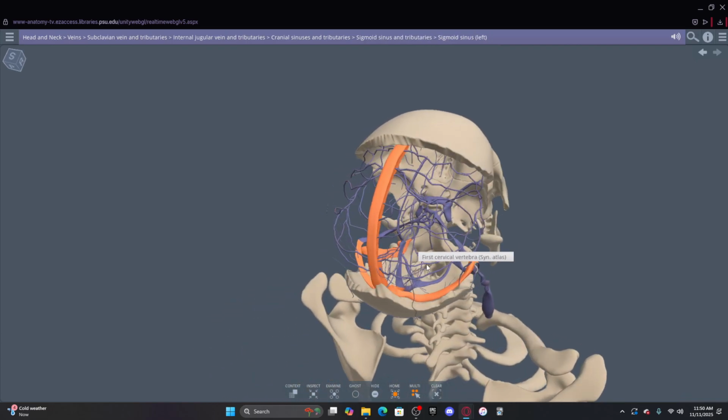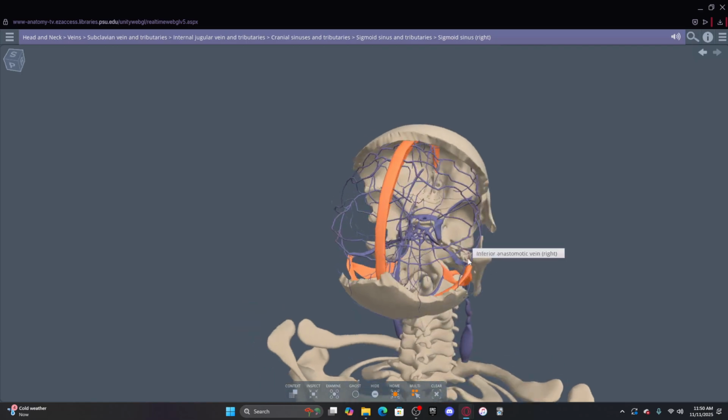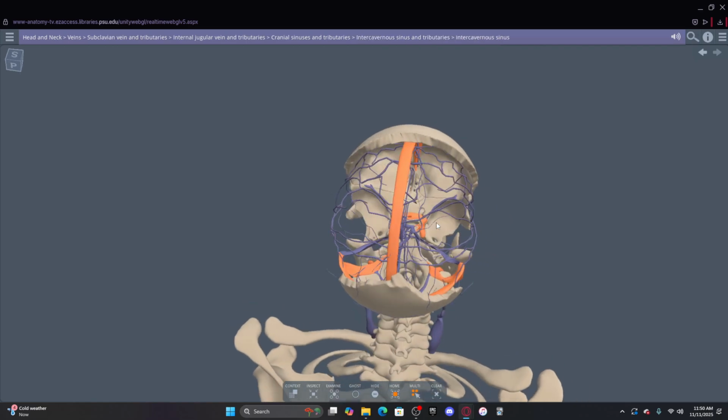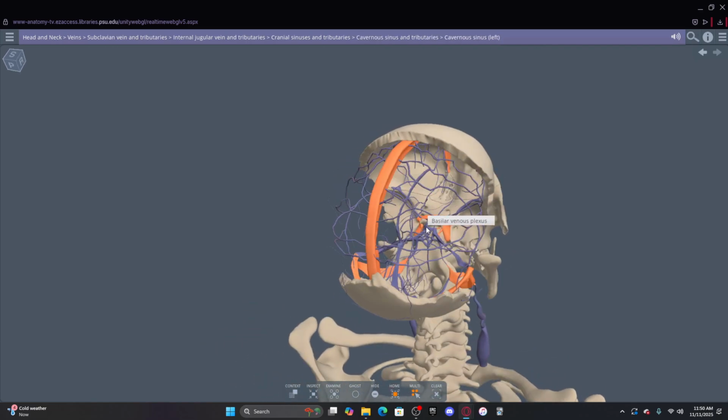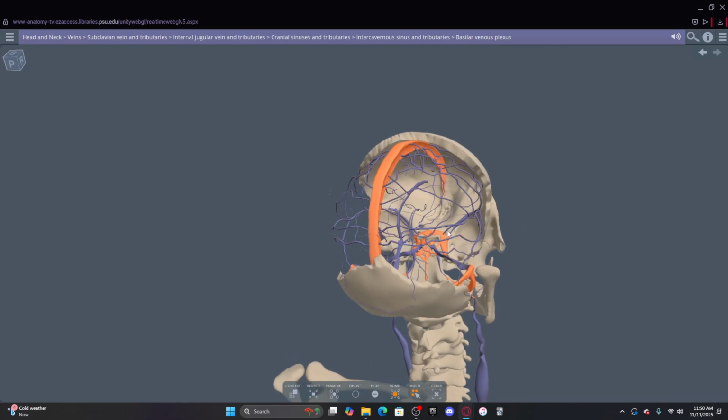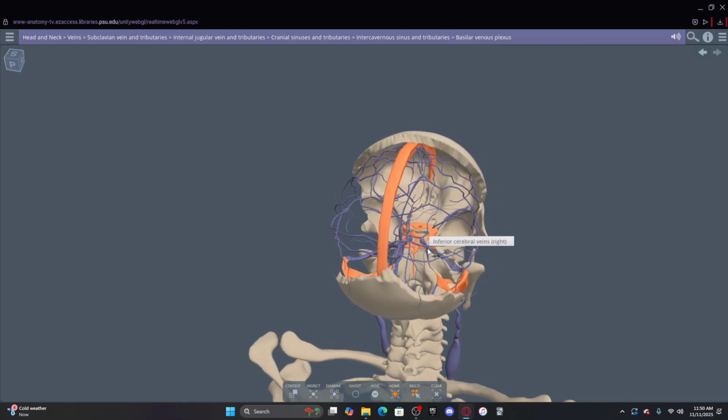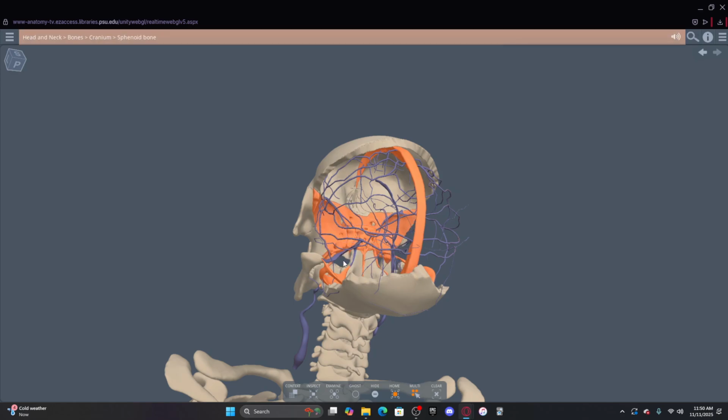All right, so transverse, sigmoid, cavernous. There's a bunch of other sinuses you guys don't need to worry about, but I'm going to connect them just so you guys can see that they're all connected and draining into the internal jugular vein.